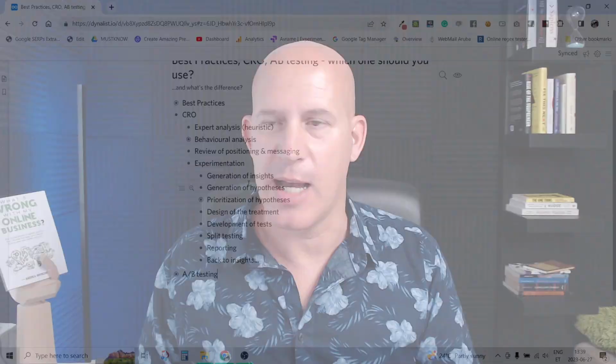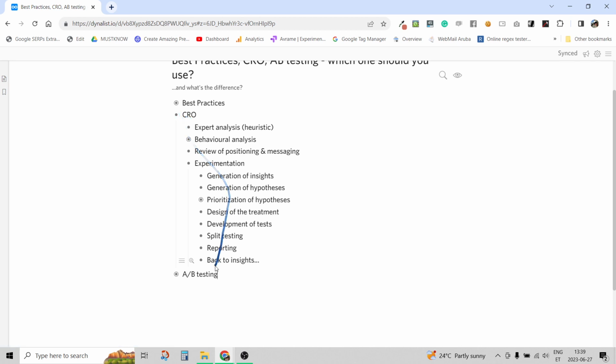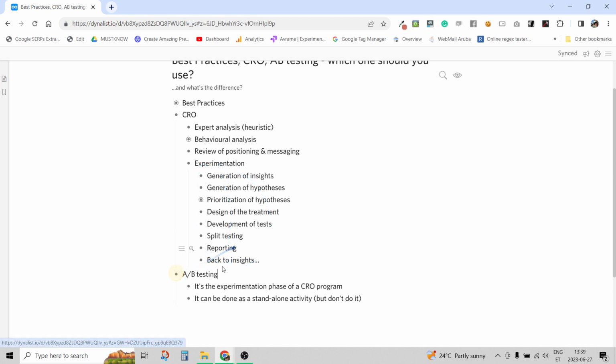Okay, so we go back to generate insights. And now you see A/B testing is just this part of CRO. It's the experimentation phase of a CRO program, and it can be done as a standalone activity, but I really wouldn't recommend it.